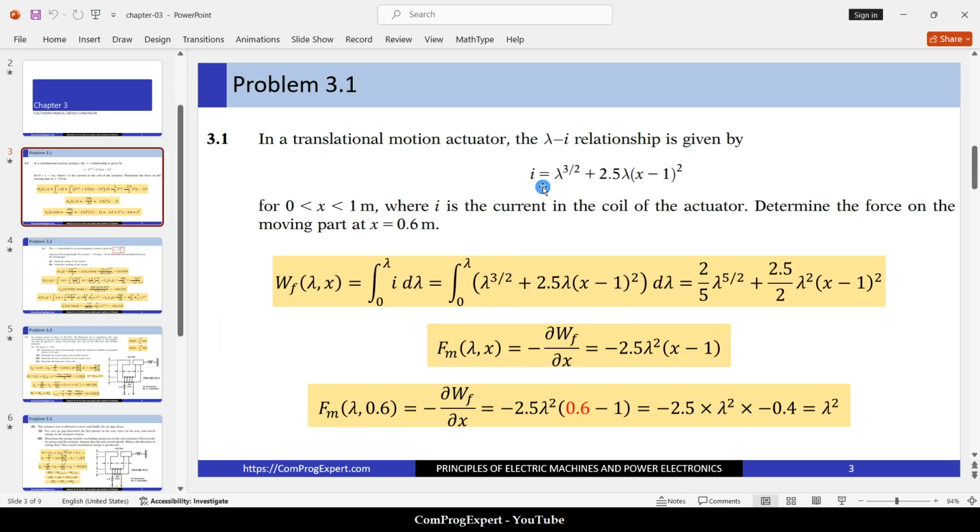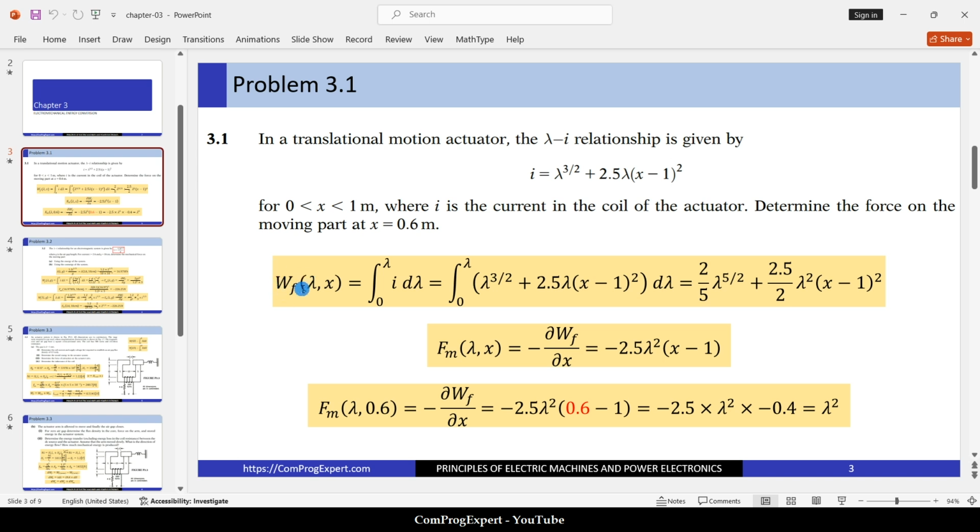The flux linkage and current relationship is given here. I am going to use the energy definition to solve this problem, to calculate the force. So here we have this equation. What was the definition of the energy?